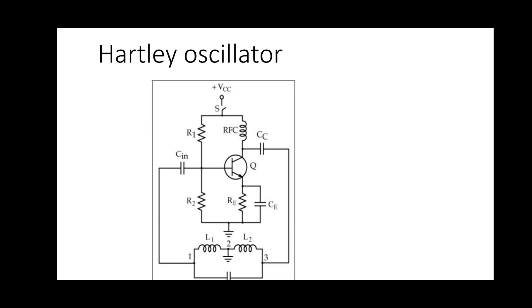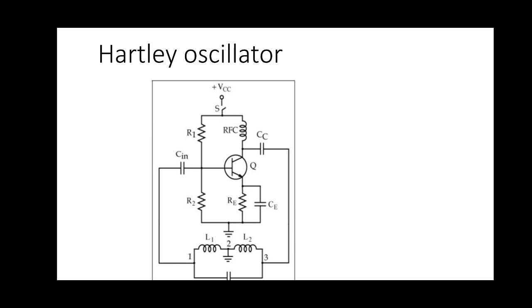The radio frequency choke permits the flow of DC current and blocks AC. The RFC blocks the AC because an AC signal on the power line would affect the output signal.